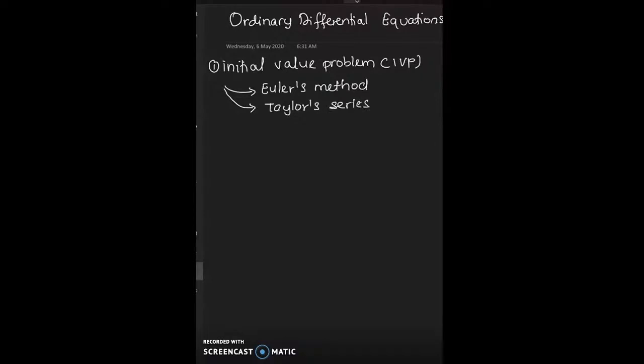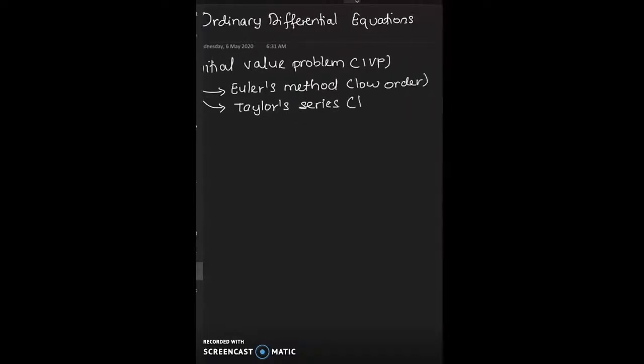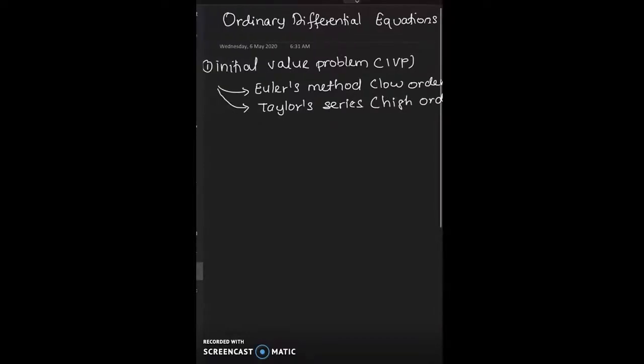So in this case, I can solve the initial value problem using the Euler method or the Taylor method. The Euler method is the first order of the Taylor method. The Taylor method can solve the ODE using higher order.